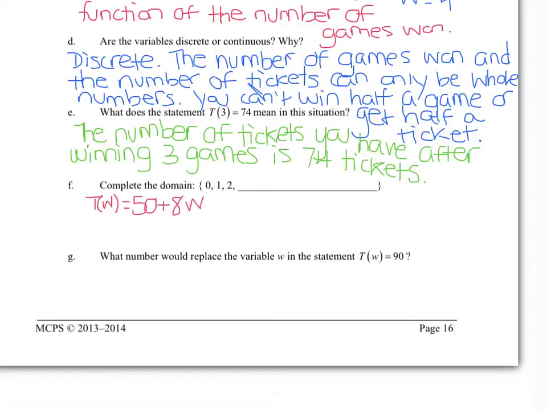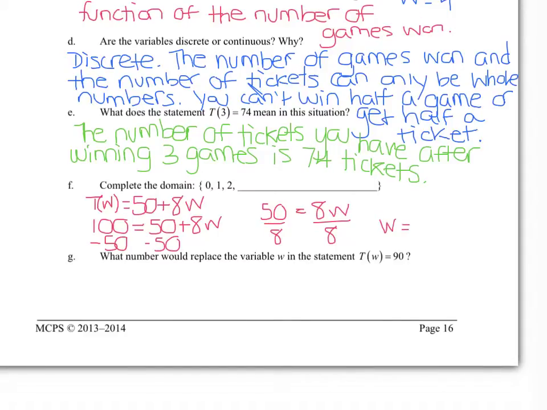And what we're going to look at is to see, well, when that number of tickets equals 100, what is W? So the first thing we're going to do is subtract 50 on both sides. I'm going to move over to the side, but 50 equals 8W. Then I'm going to divide both sides by 8. And what I'm going to see is that W equals 6.25.